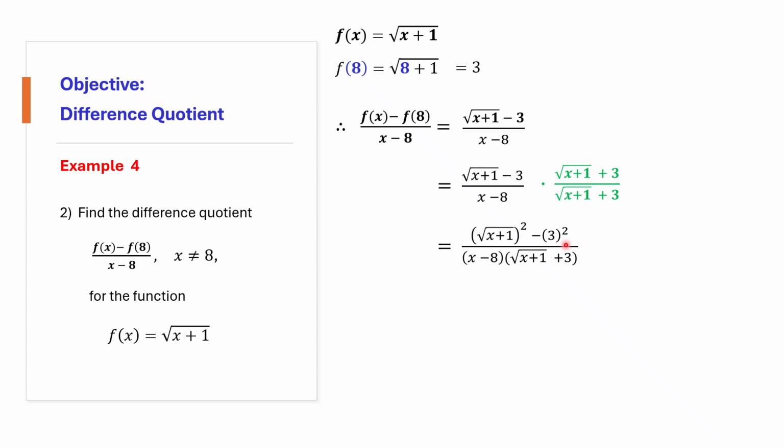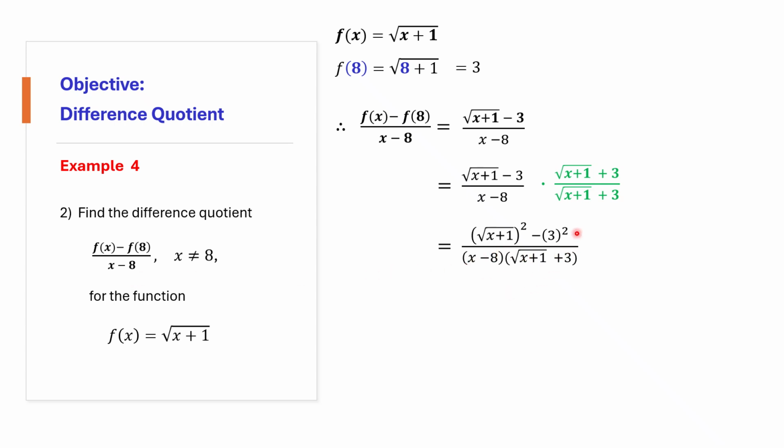So we can use a special product by squaring the first term minus squaring the last term. That's the easiest way to multiply that. And then for the denominator, we would just combine them with x minus 8 times this. Never expand this. Don't multiply like what we did in the numerator because our aim, remember, in this difference quotient is to cancel this x minus 8.